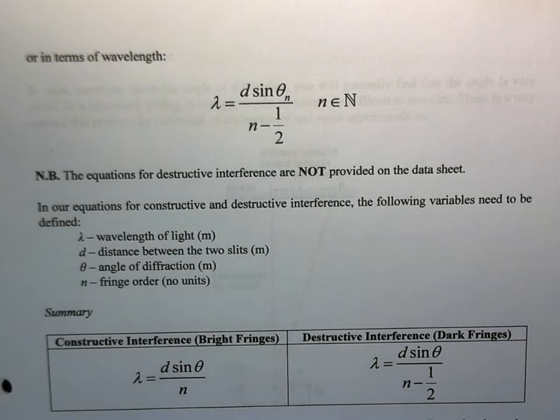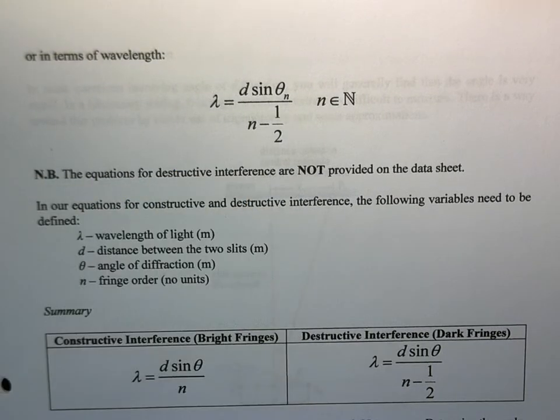Now this equation for destructive interference isn't on the data sheet. The one for constructive interference is. In most of my time teaching Physics 30, I haven't really seen any questions on the diploma exam talking about destructive interference. So having only the equation for constructive interference, you'll probably be A-okay.